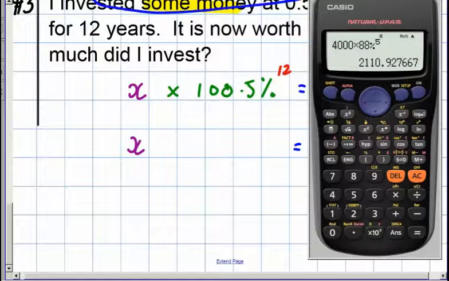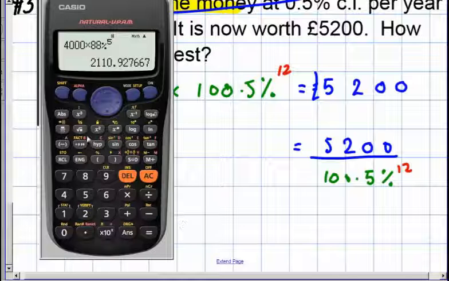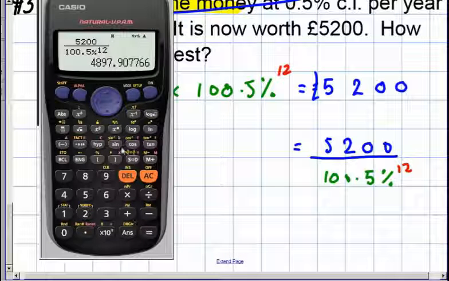Right, so what we're going to do is that calculation. 5200 over 100.5 shift percent, that's critical, you get the percent button there, to the power 12. And that gives us the original amount. And it wasn't much different.